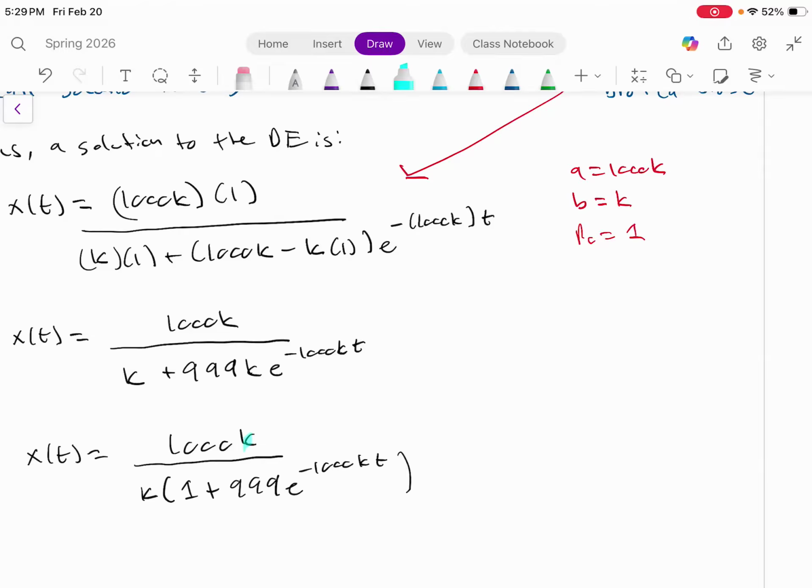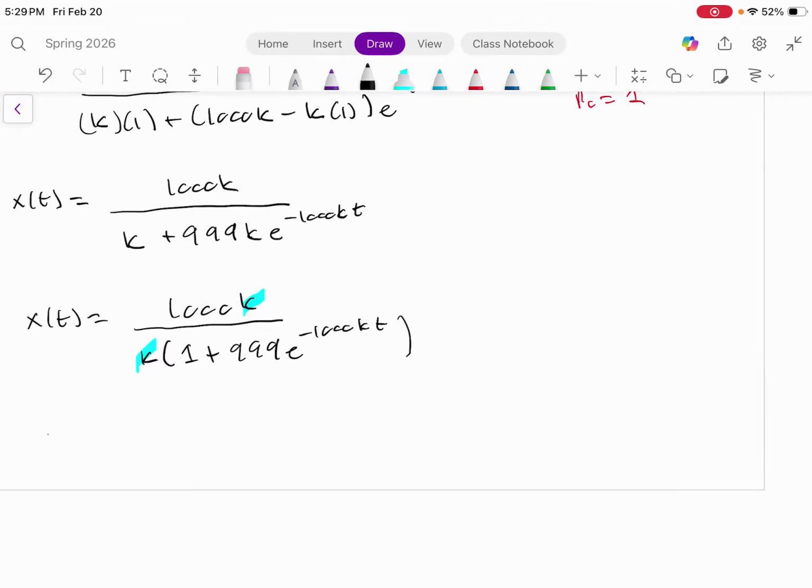Well, we would do that because the K's could then cancel out. And so what I'm left with is 1000 over 1 plus 999 e to the negative 1000 kt.